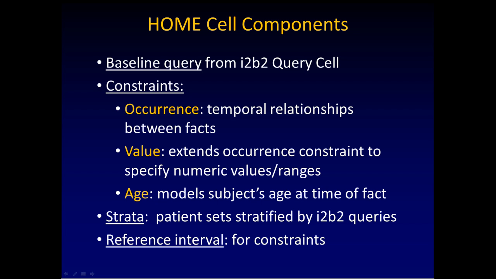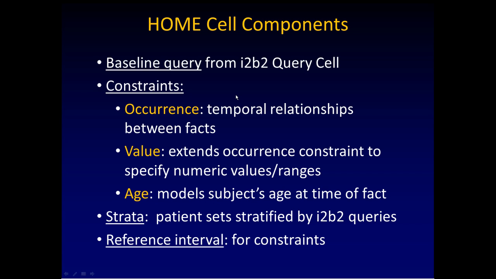So as we set out to create the home cell, we really came up with a pretty simple model of how to think about a wide variety of health outcomes using I2B2. And the final home cell design leverages this idea of a baseline query, where we use an existing I2B2 query cell query to define the baseline population of patients to include in the subsequent analyses.